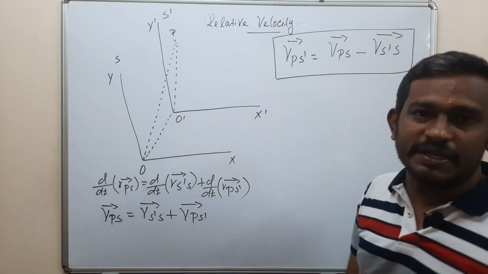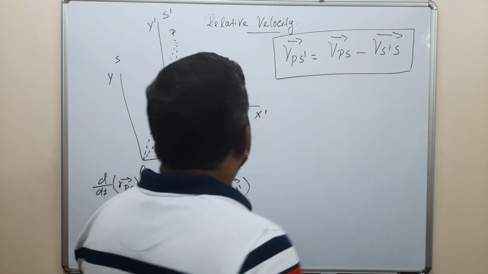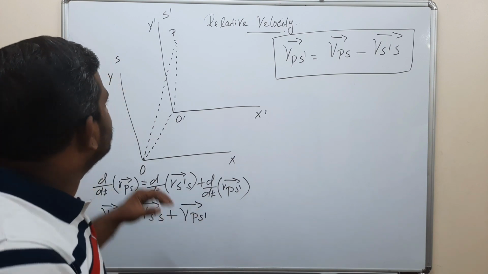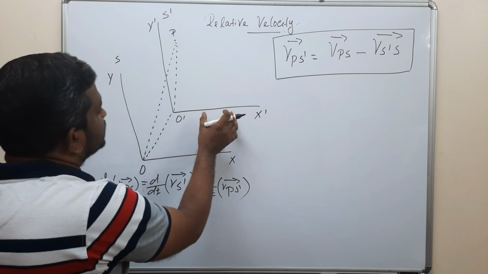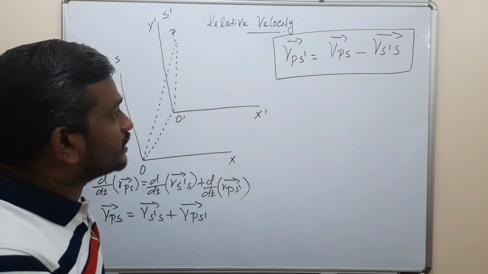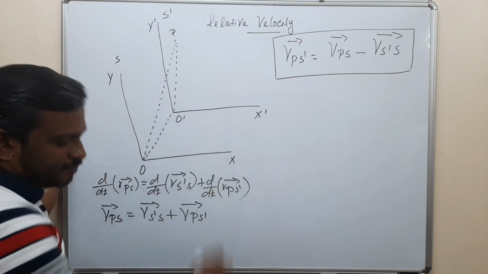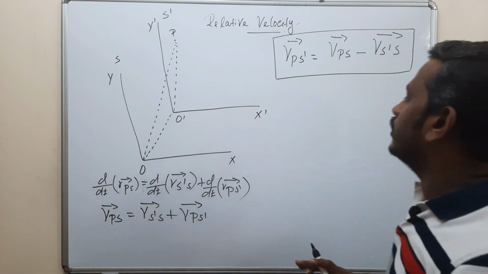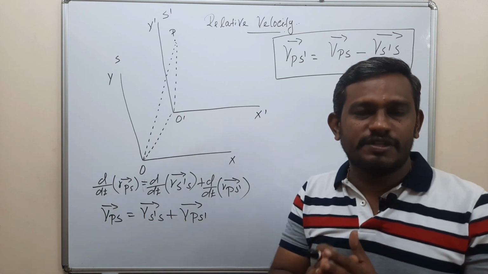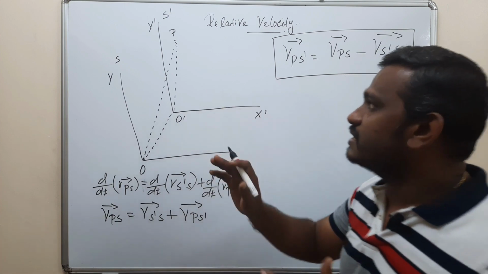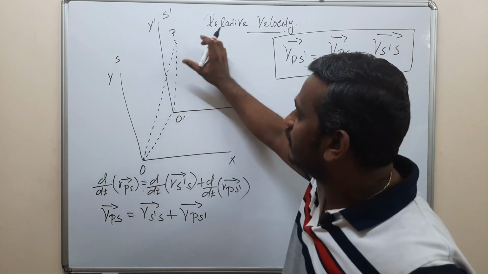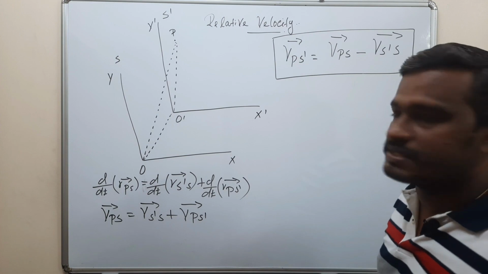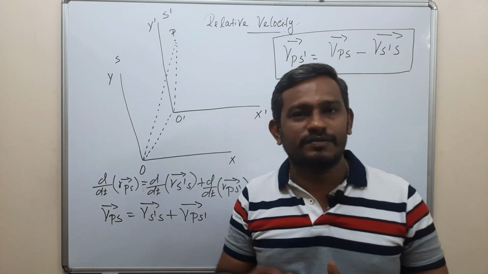So from this, what can we conclude? If you know the velocity of two objects, here the velocity of p and the velocity of the frame s', with respect to a common frame, then we can find the velocity of one object with respect to another object.